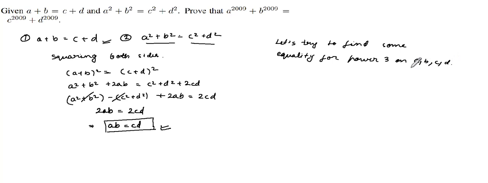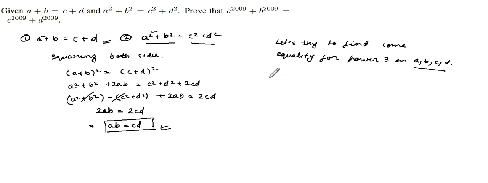Let's try to find an equation for this. If we need to make the power 3, we need this power 2 and this power 1, because 2 plus 1 is 3. So we will probably get something in terms of 3 when we multiply these two equations, which we have here right now.